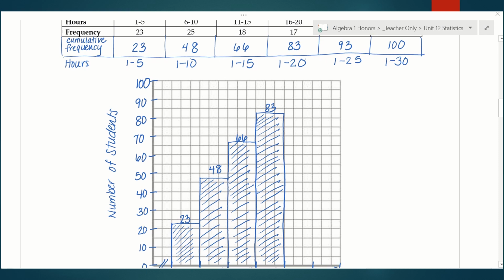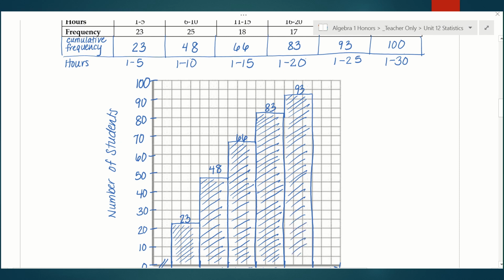Okay, and then we have 93. We're getting there. And then our last bar is 100.